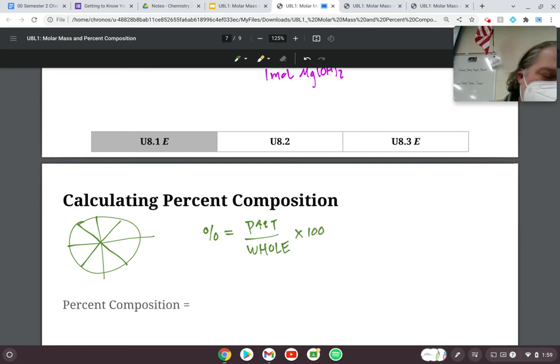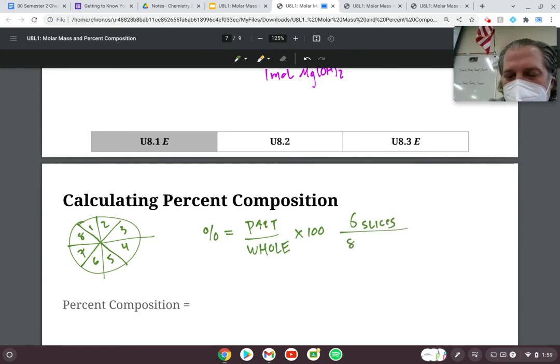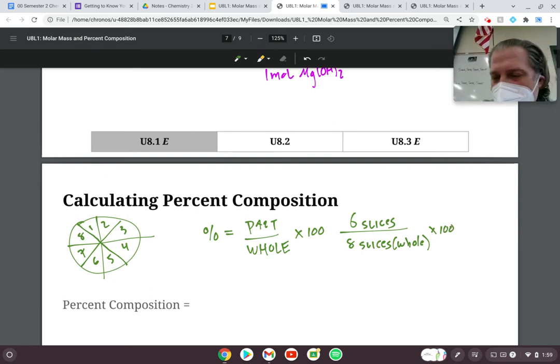So if you eat 6 slices out of 8 slices, or the whole pizza, 6 divided by 8 times 100 is, you ate 75% of the pizza.